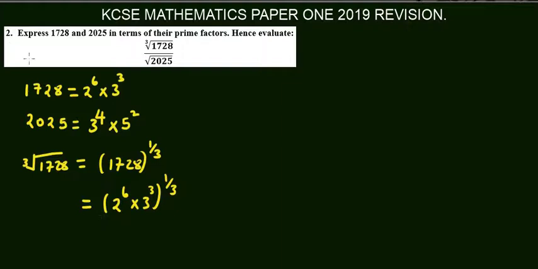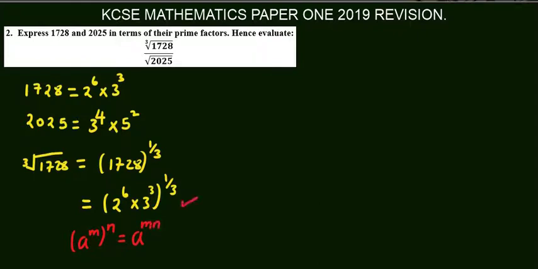So here we are going to apply the law of indices, which states that if you have the number a raised to m and then it's raised further to n, the result is a raised to the product of m and n.